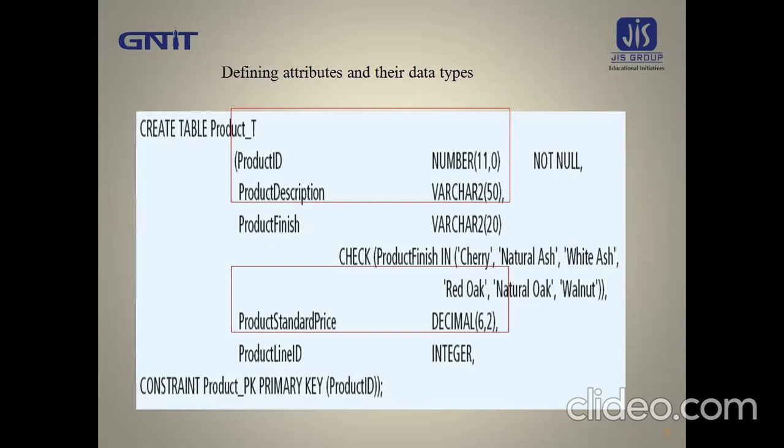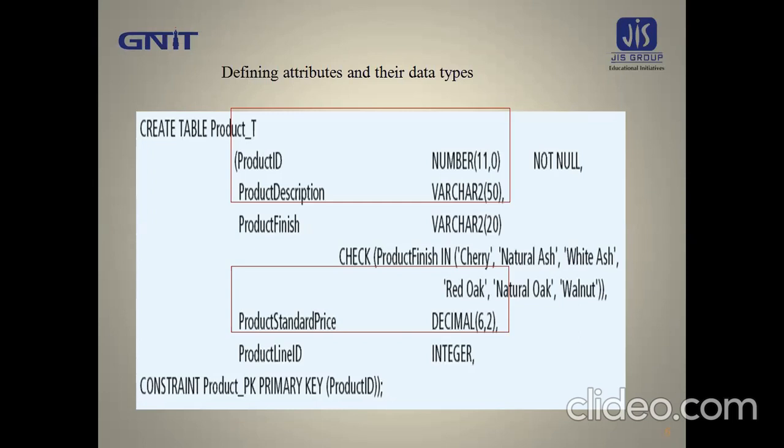So only these 6 values will be acceptable for this data type. For product standard price, the data type is decimal, and 6(2) means up to 2 places after the decimal point we will take for the standard price.